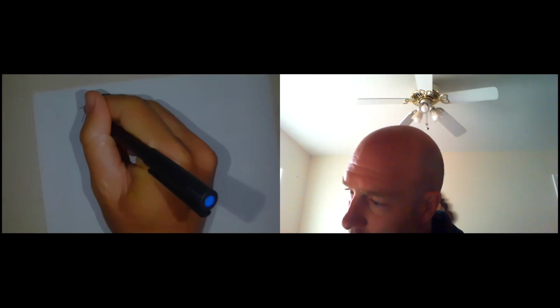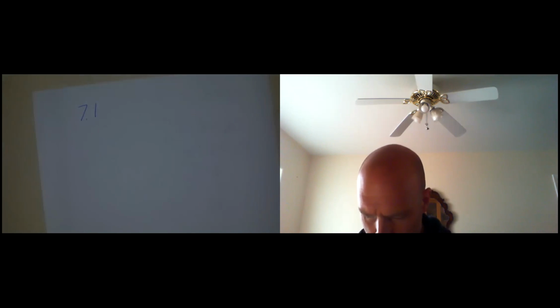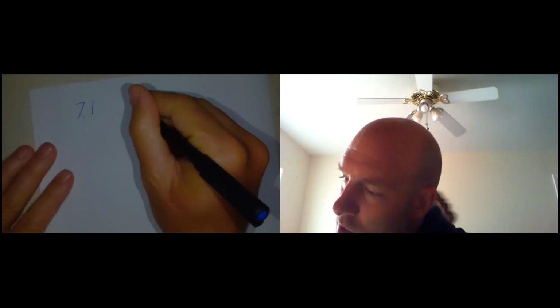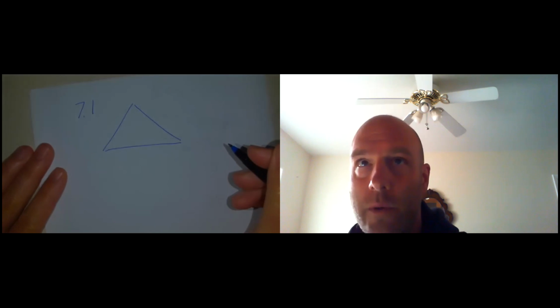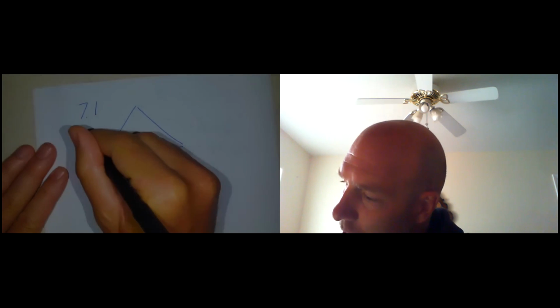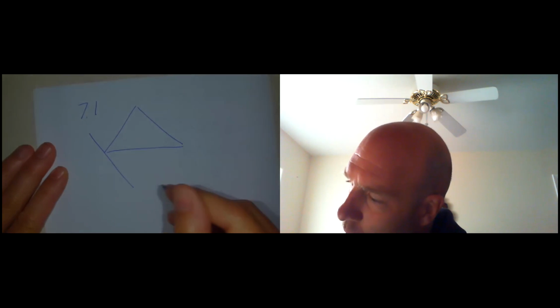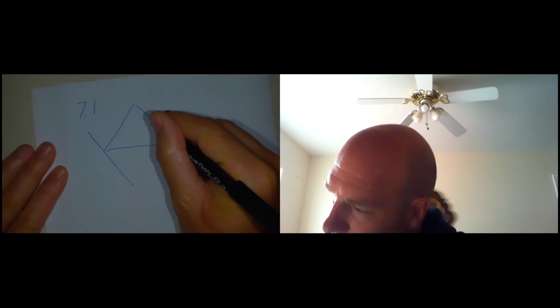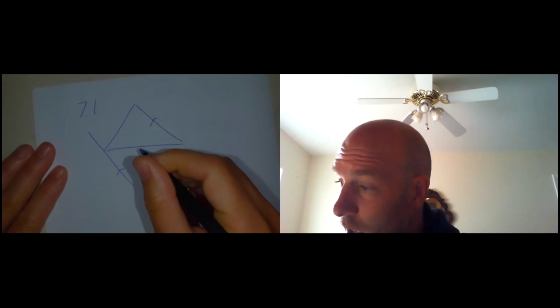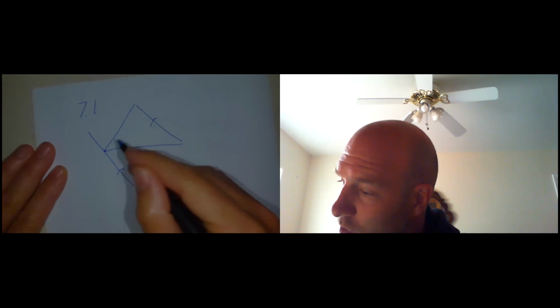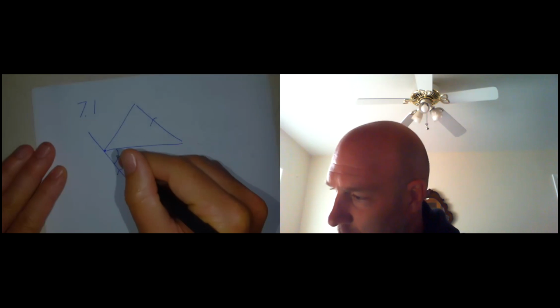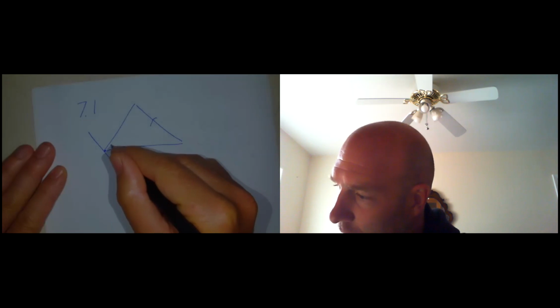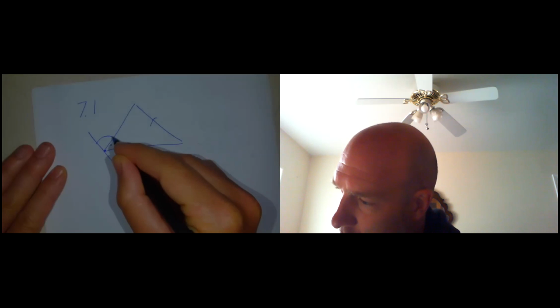We started with 7.1, where we learned that if I take any triangle, it can be a right triangle, equilateral, isosceles, doesn't matter, and draw in a line which is parallel to one side and goes through the opposite vertex, I end up with these three angles, which I'll label with a hoop, a dot, and a notch.